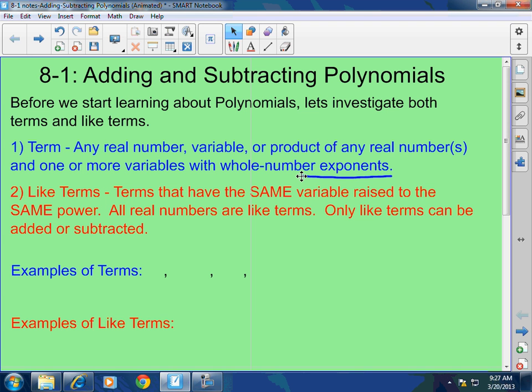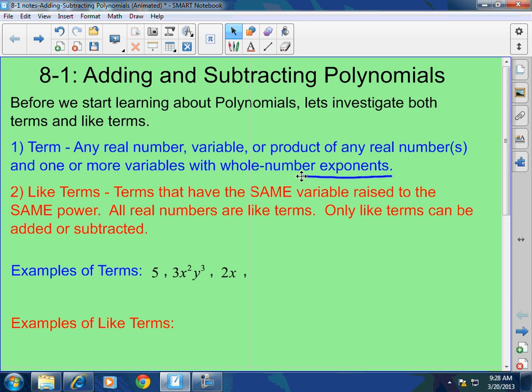Examples of terms: 5. 5 is a term because it's a number. 3x squared y cubed. That's a term because that is a product of numbers and variables, and the exponents are whole numbers. The exponent of x is 2 and the exponent of y is 3. 2x.